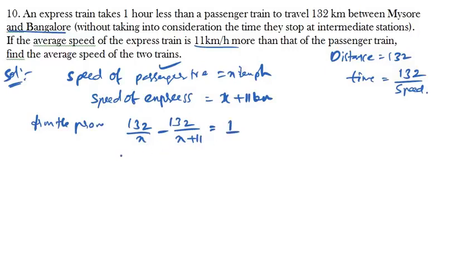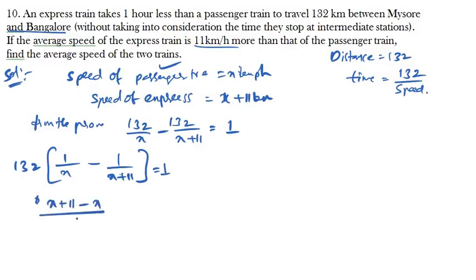Okay, so 132 will be common from these two, and 1 by x minus 1 by x plus 11 is equal to 1. So we do cross multiply: 132 goes to that side, and x plus 11 minus x divided by x into (x plus 11) is equal to 1 by 132. Here we write like that.